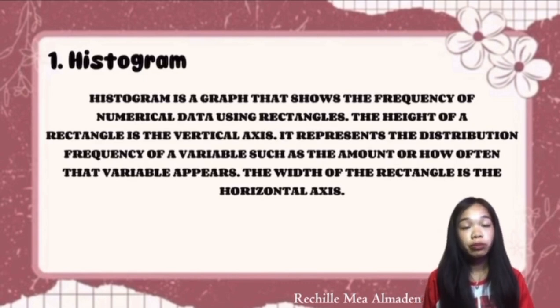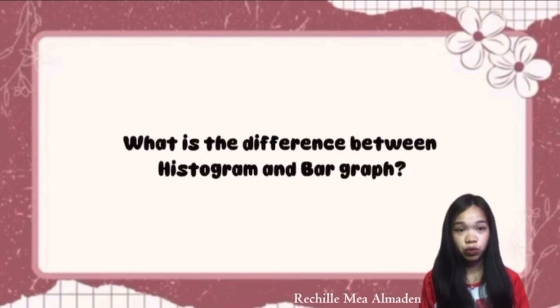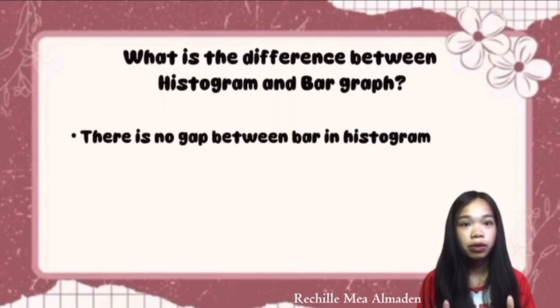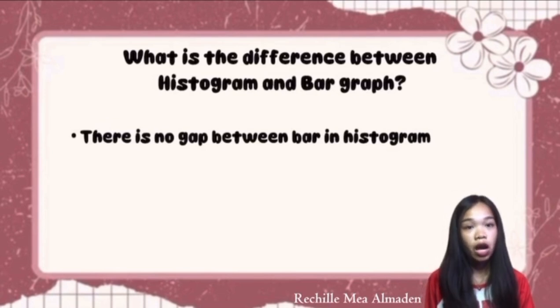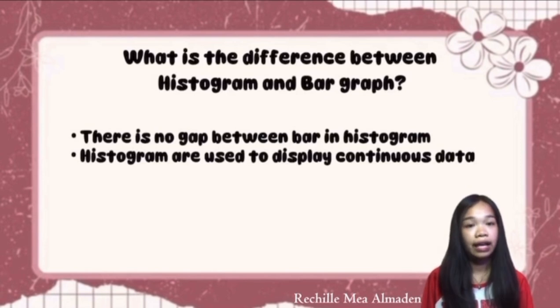So, before we move forward, unsa ang kalahian sa bar graph o sa histogram? So first, ang histogram wala siya mga gap between sa mga bars. Because ang histogram is used to display continuous data with a continuous measure like kanang mga heights, width, or temperatures.